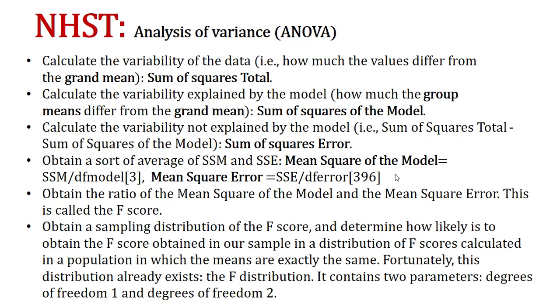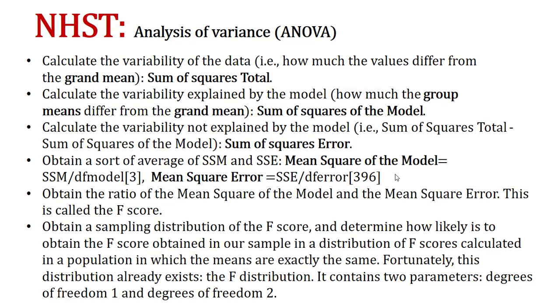Well, we've got a sampling distribution of F-scores with degrees of freedom, and basically, based on the degrees of freedom, it will tell us the probability of obtaining the F-score we obtained in our study, or a more extreme value, if the sample comes from a population in which the means of the 4 groups are the same.